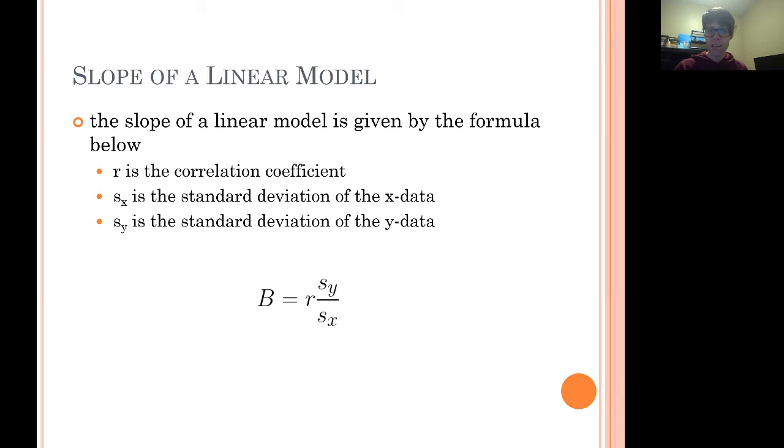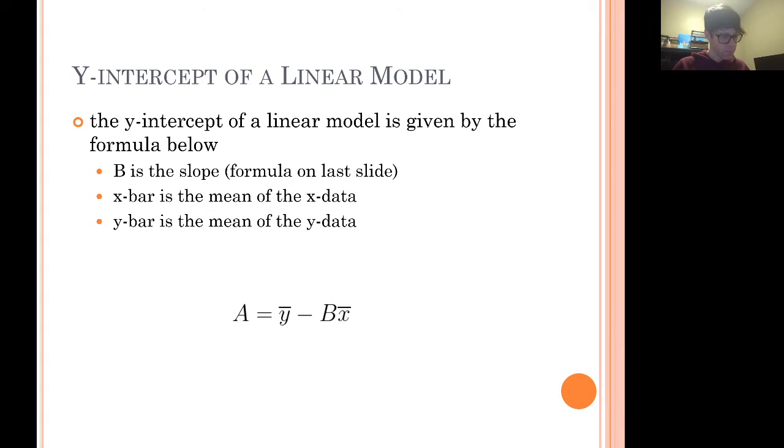Now, both Sx and Sy can be found using our calculator, and I'll show you how to get at those if you would like. But typically, the calculator already knows how to solve for the slope, so we don't necessarily need to use this formula. But I'll show you that those numbers do end up, in fact, being the same.